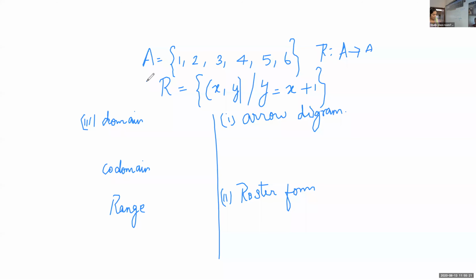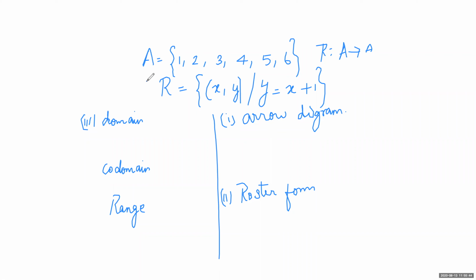R is defined by R equal to the set of all ordered pairs (x, y), where y is equal to x plus 1. Represent this, first one using an arrow diagram, second one using roster form, third one, write the domain, codomain and range.